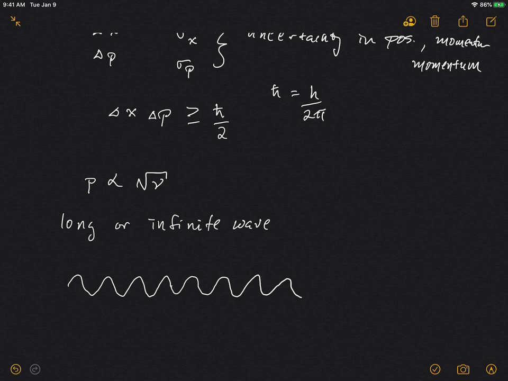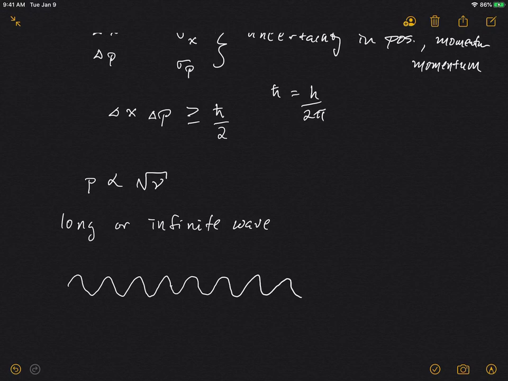And then the frequency is essentially the number of cycles per unit time. So it's just a ratio. And the more cycles you have, the more precisely you can specify that.